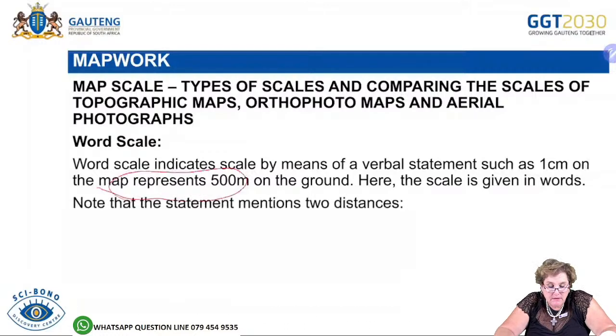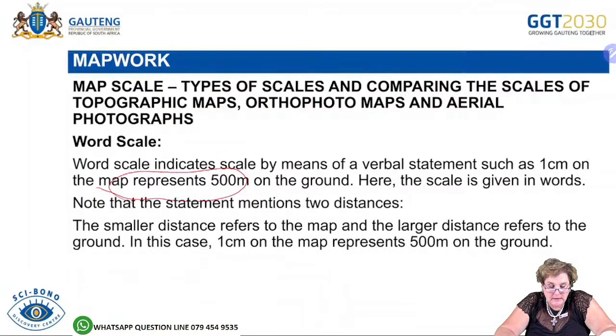The scale is given in words. Note that the statement mentioned two distances. The smaller distance refers to the map and the larger distance refers to the ground.